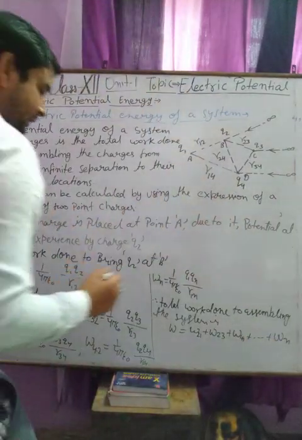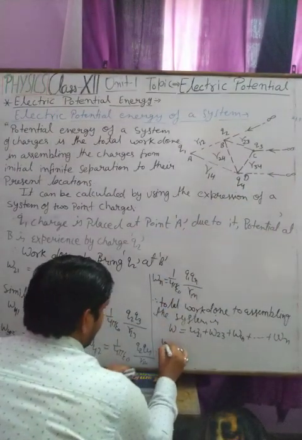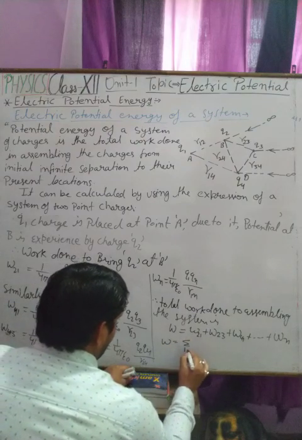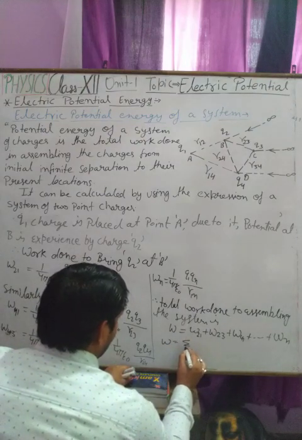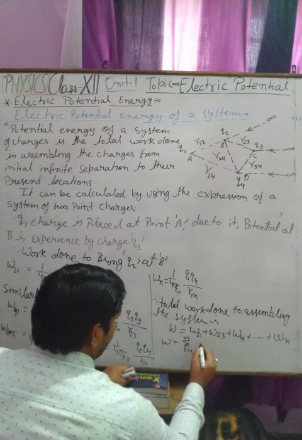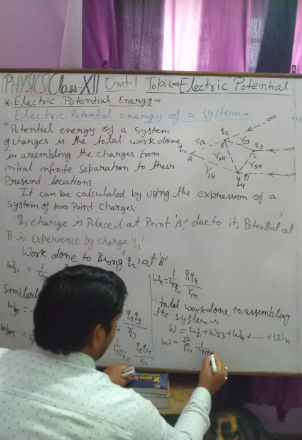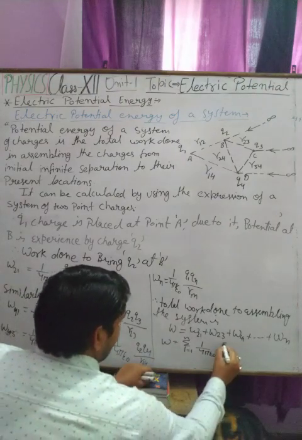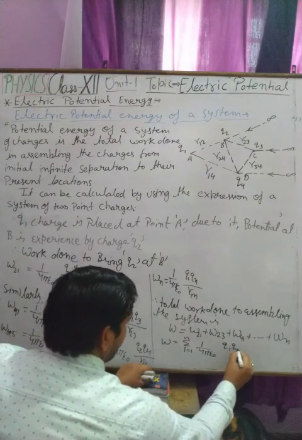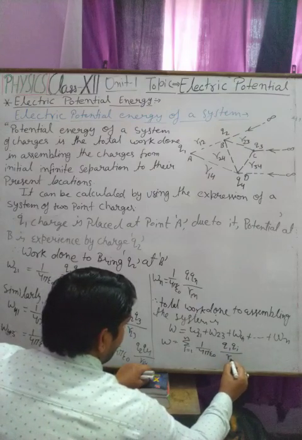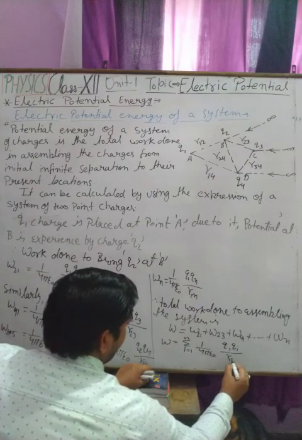On adding all these, we get the total work done as the summation i equal to 1 to n of 1 upon 4 pi epsilon naught q1 qi upon r1n.